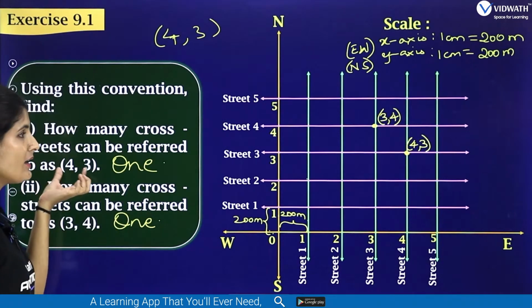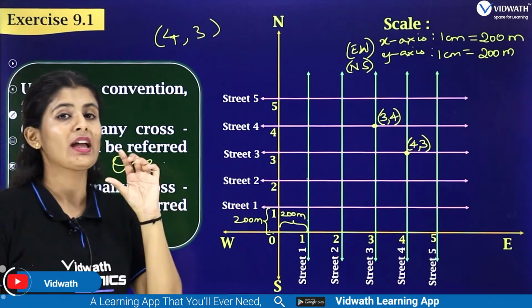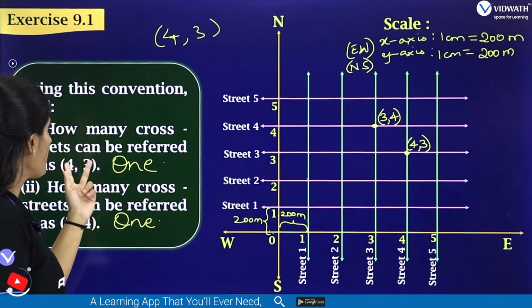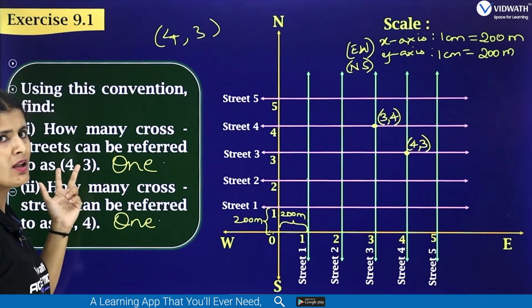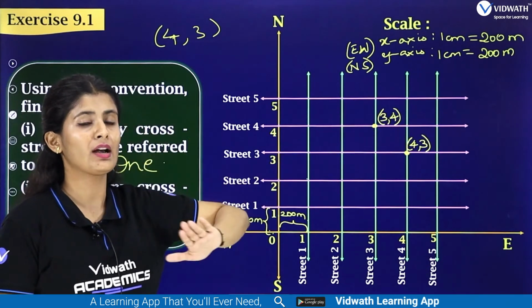Therefore, the order in which we take the coordinates is very important. If you interchange the order, instead of 3, 4, if you take 4, 3 or vice versa, it gives me entirely different points.